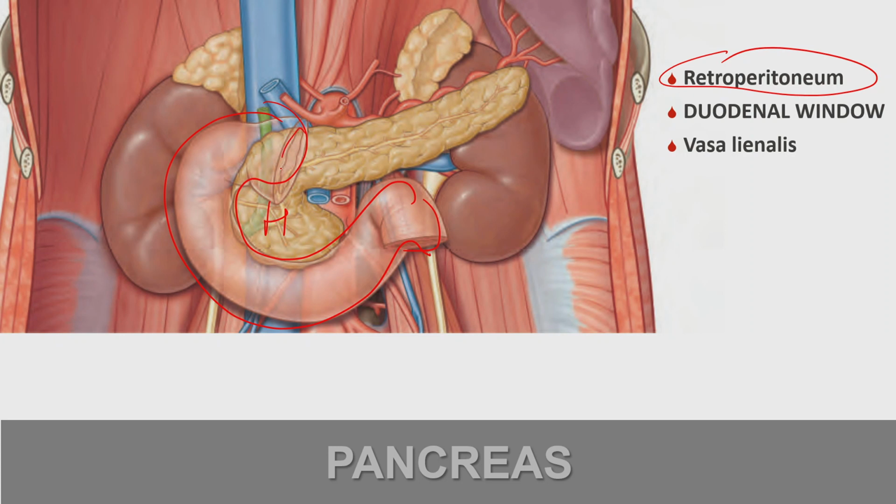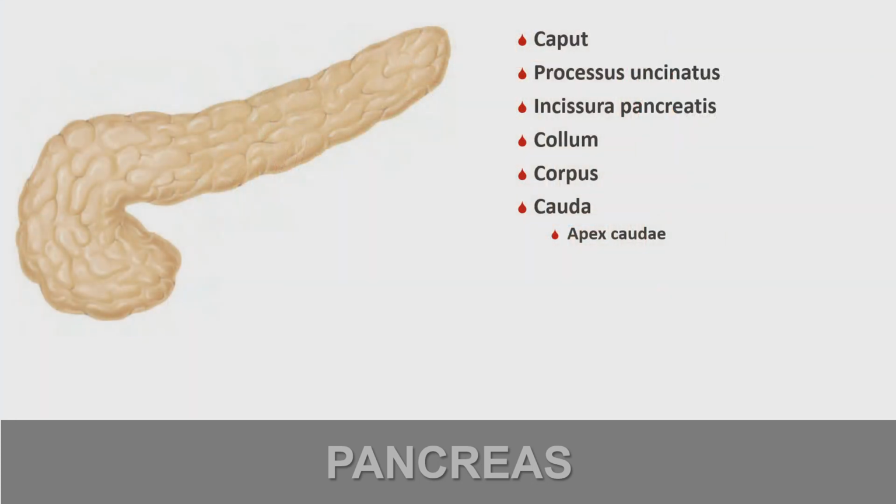And the tail and the neck are lying along the second structure, vasa lienalia, lienal vessels. So this is the localization of the pancreas. It's localized in the midline and on the left side. The pancreas is divided into two important embryological parts. One is called ventral and the second is called caudal, dorsal.